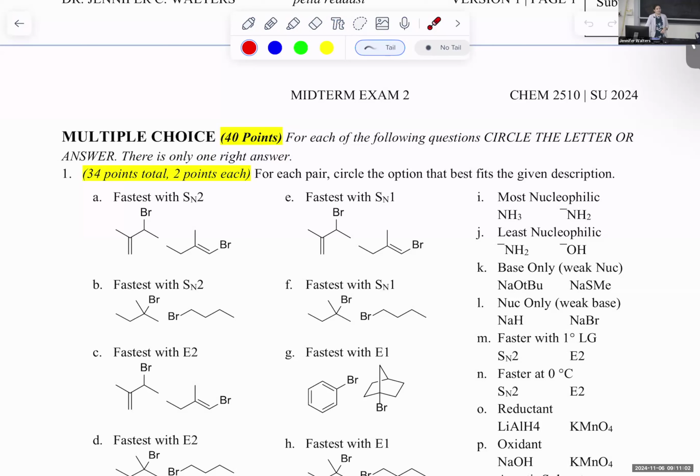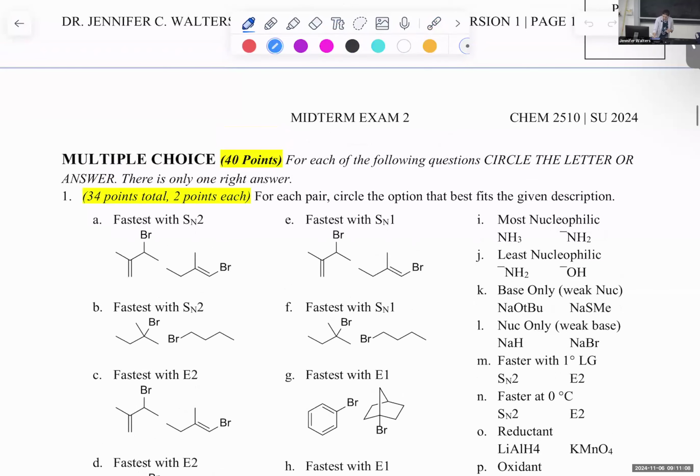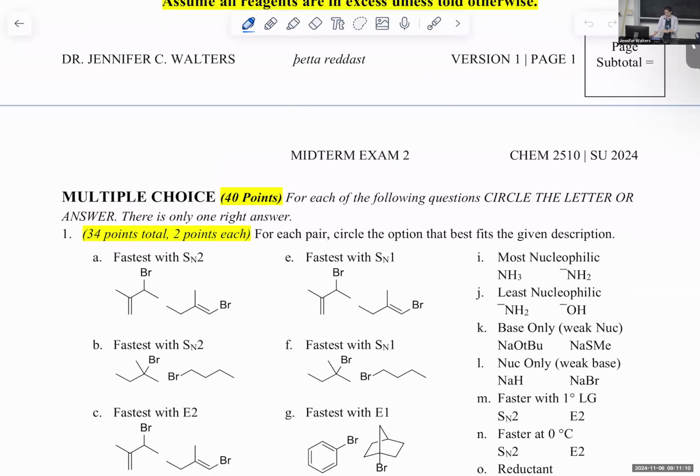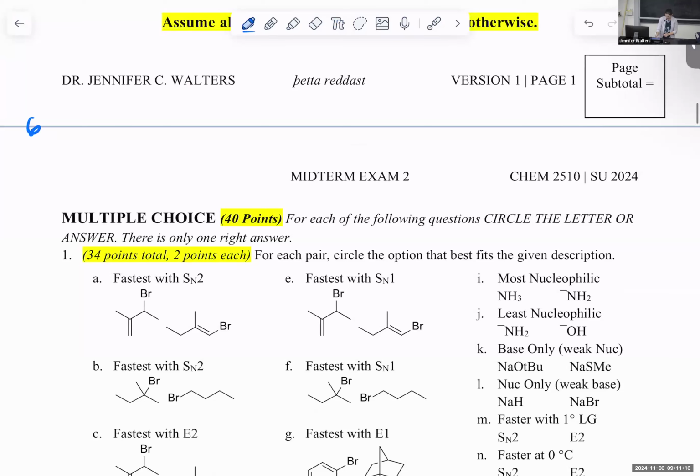So, all right. What are the questions that we want to go over? Do we want to just have a running list and then I'll try to get through all of them? Just shout them out, whatever numbers.